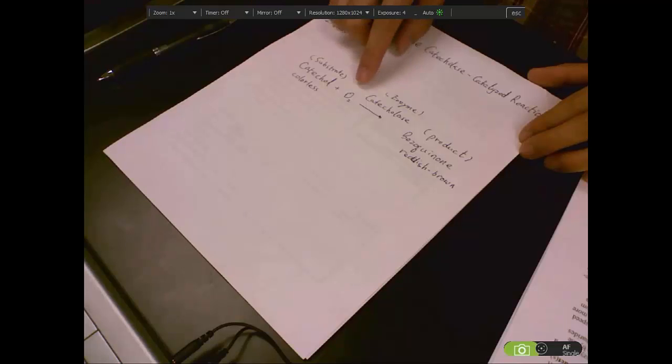In today's lab, we use catechol, which is the substrate. Usually it's colorless, and it reacts with oxygen under the enzyme catecholase and produces benzoquinone, which is the product. Then this product has a color.